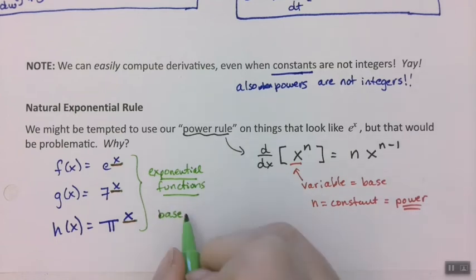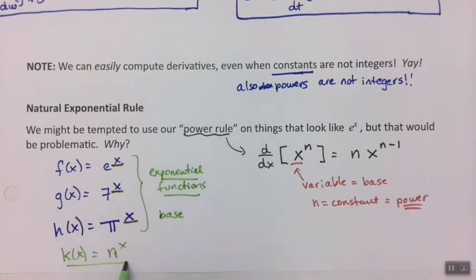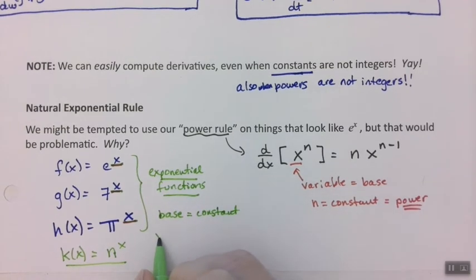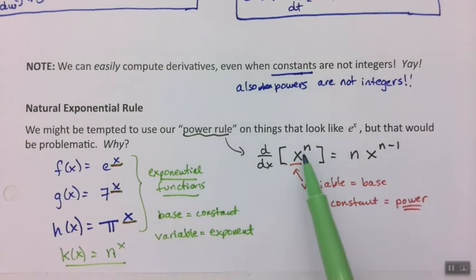You could think of it this way: I'm taking n to the x, so I'll call that, I don't know, k of x. If I have n to the x, the base is constant, and the variable is the exponent. That's a very different situation, because it's not going to work the way that powers work. The power rule is saying, if I have the variable in my base, then I can just deal with my power. So this is a power function.